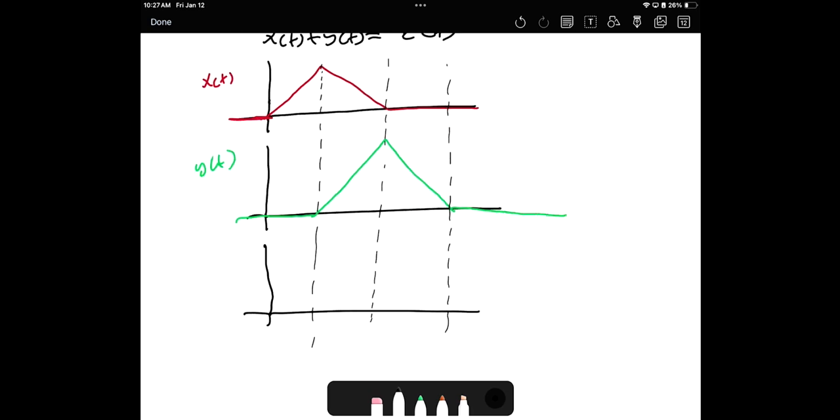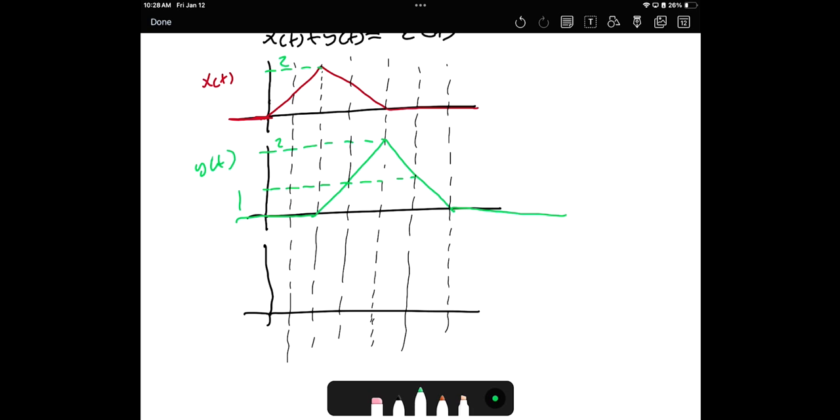Then let me put the values. So this value is 2, this value is 2, and I'm going to assume here some guidelines, so these values are 1. I'm going to make another guideline here.